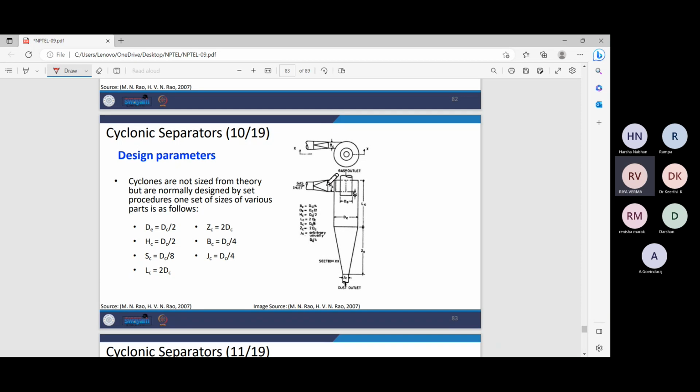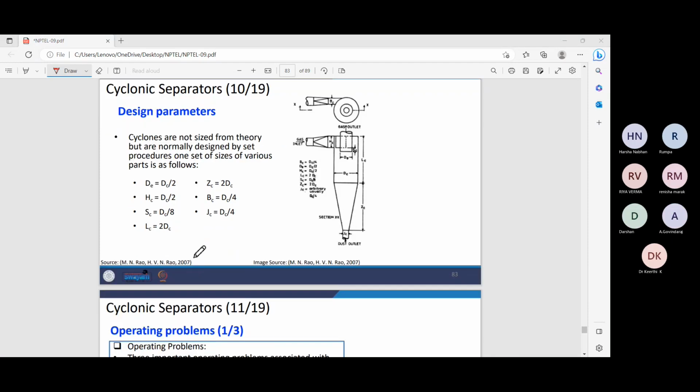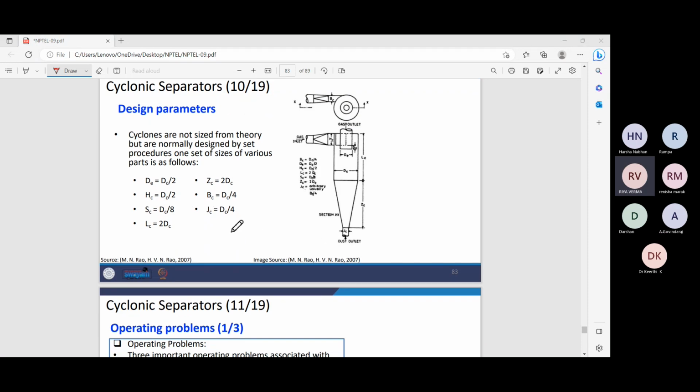HC is the height of the inlet gas chamber. Then DE is the outlet chamber diameter. DC is the diameter of the cyclone. LC is the length of this chamber. ZC is the length of the conical chamber. So this is how to design a cyclone.